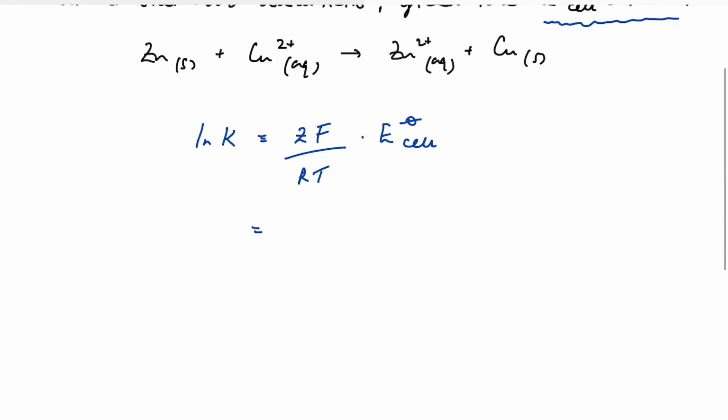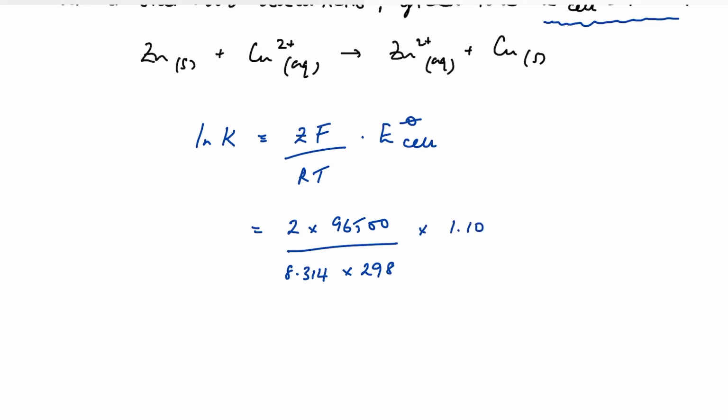So the number of moles of electrons being transferred is 2, if you go back to the half equations. So 2 times Faraday's constant, 96500, that would be given to you in the exam, divided by the gas constant, also given to you, and the temperature, which is already in Kelvin, 298, times 1.10 volts.